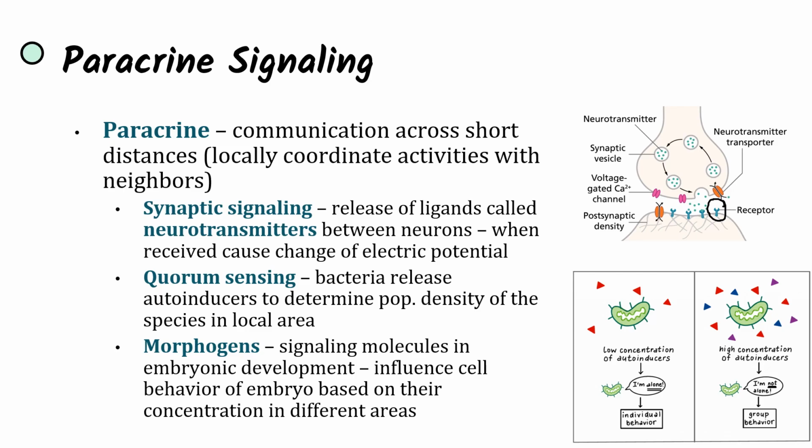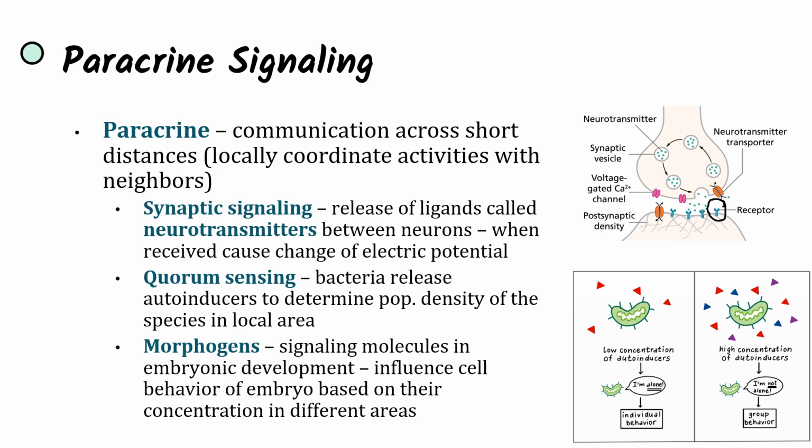Now, this happens in single-cell organisms as well, and prokaryotes in the form of quorum sensing. And bacteria release autoinducers to determine population density of the species in a local area. So essentially, when the bacteria releases autoinducers and it receives them, and it can tell that there's a low concentration of autoinducers because not many are being received, it knows that it's alone, and it's going to execute behaviors that an individual bacteria would do.